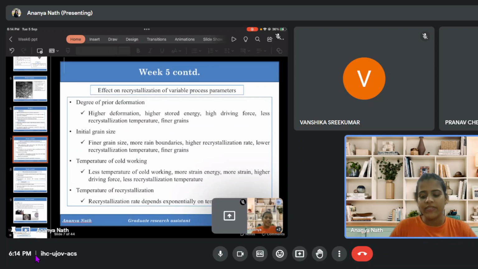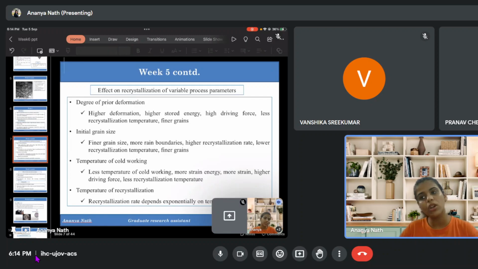Next is the effect on recrystallization of various process parameters. One is the degree of prior deformation. Recovery is okay, we have done the cold working, and this is why we are getting that recovery part.